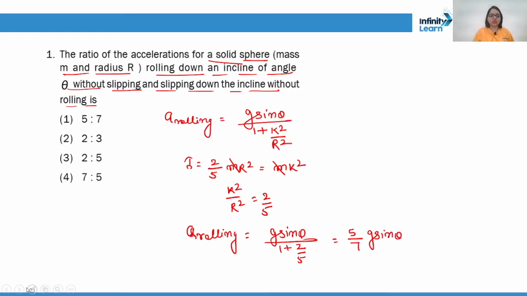Similarly, acceleration of a body which is sliding is g sine theta. Now the ratio of a rolling divided by a sliding will be 5 by 7 g sine theta divided by g sine theta. So it will be 5 is to 7, which is option 1.